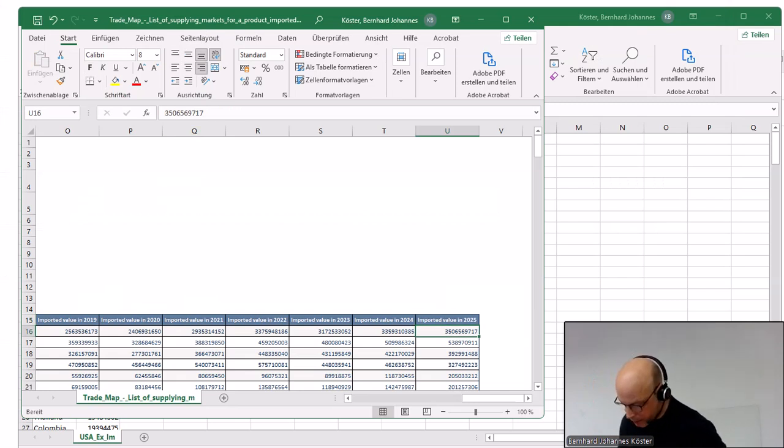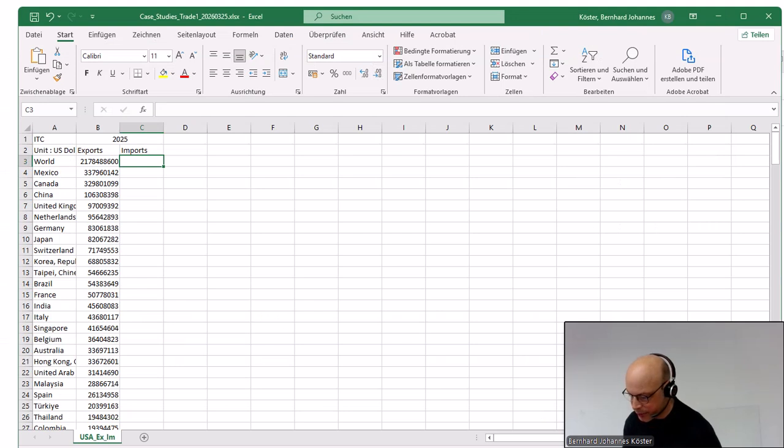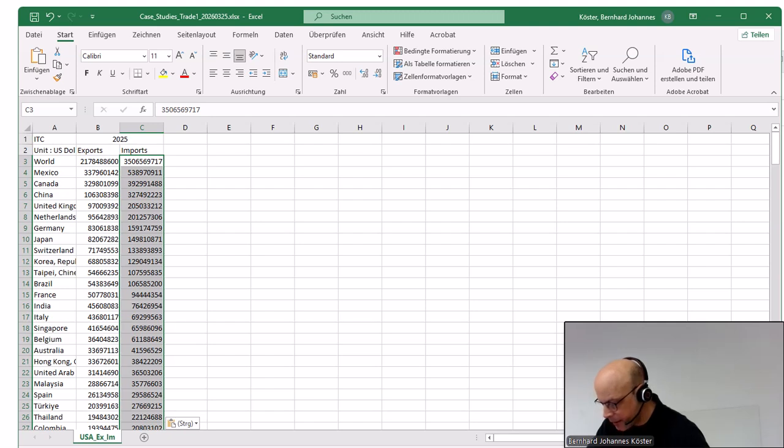Yes, and here now, at least at this point, I would have seen that I interchanged the numbers, because here you see the much higher volume of overall imports of the United States relative to exports.